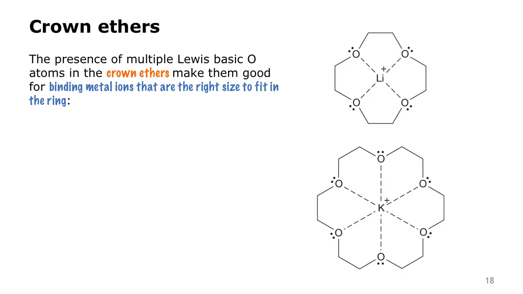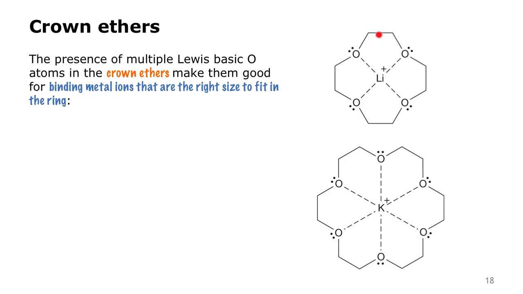cations. The lone pairs of electrons on oxygen can act as Lewis bases, and metal ions in their cationic form are pretty strong Lewis acids. Depending upon their size, these crown ethers can be quite selective for grabbing onto particular ions.